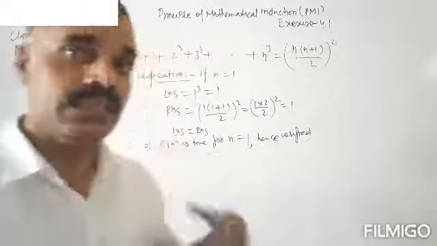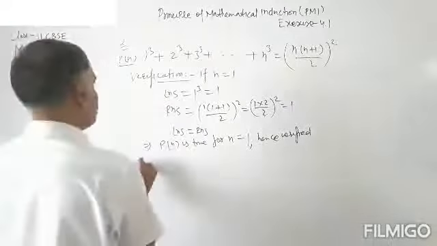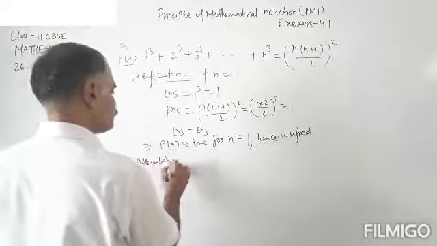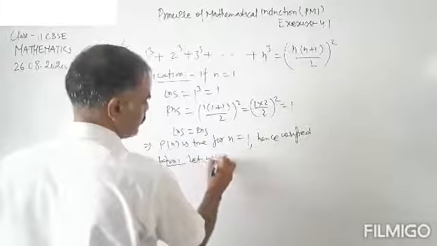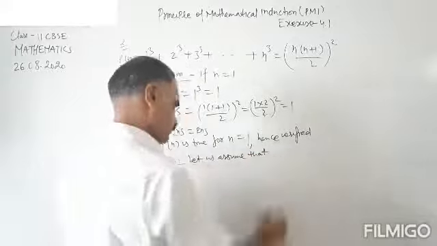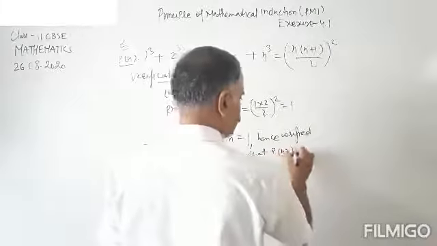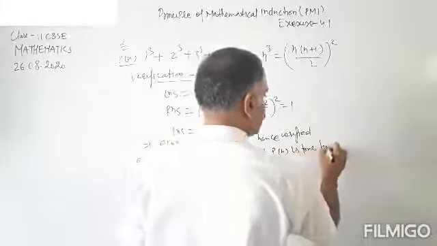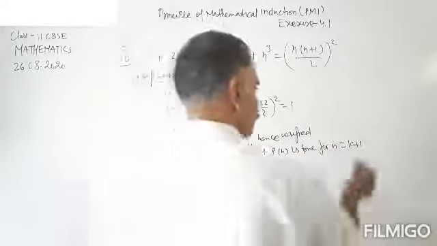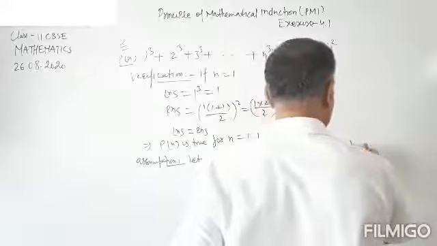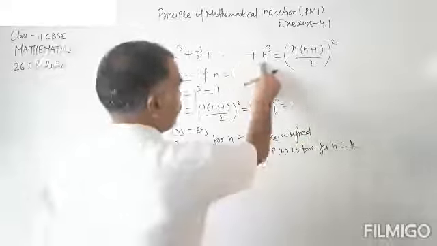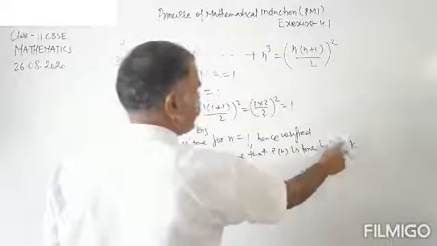Now the second step is assumption. Let us assume that Pn is true for n equals k. That is, this statement is true up to n equals k.